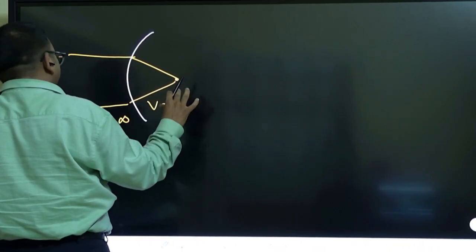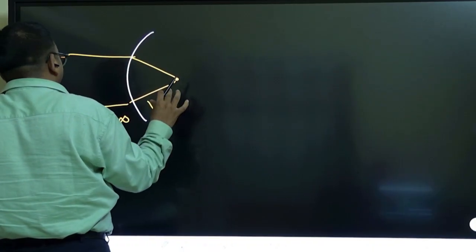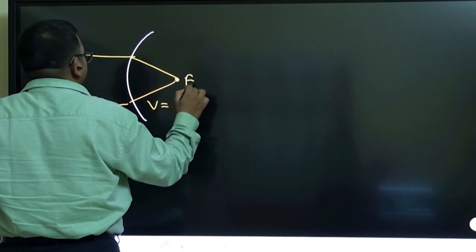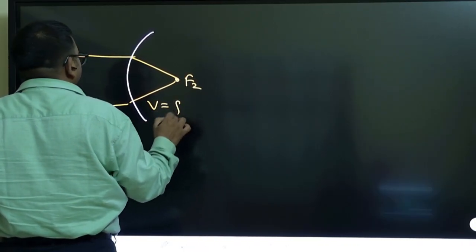So if I consider this type of surface, and I consider the rays converging like this way, the parallel rays are going to converge like this. So u is equal to minus infinity and v is equal to... this is which focus? This is the second focus. This point will be f2, this length v will be f2.